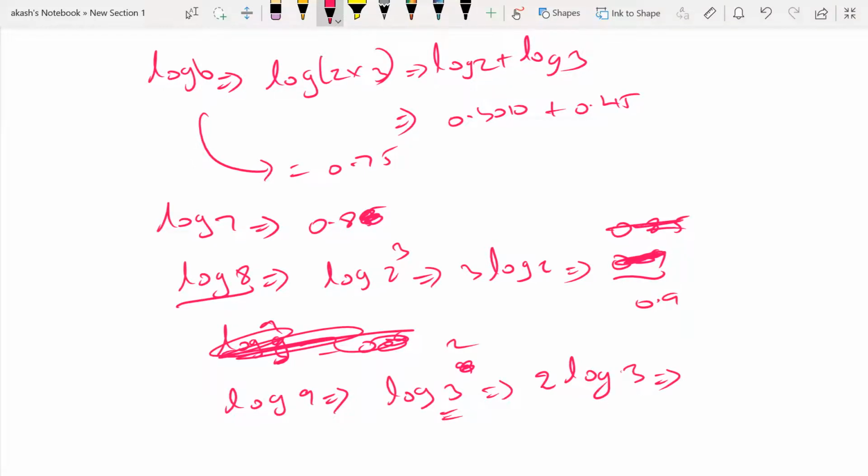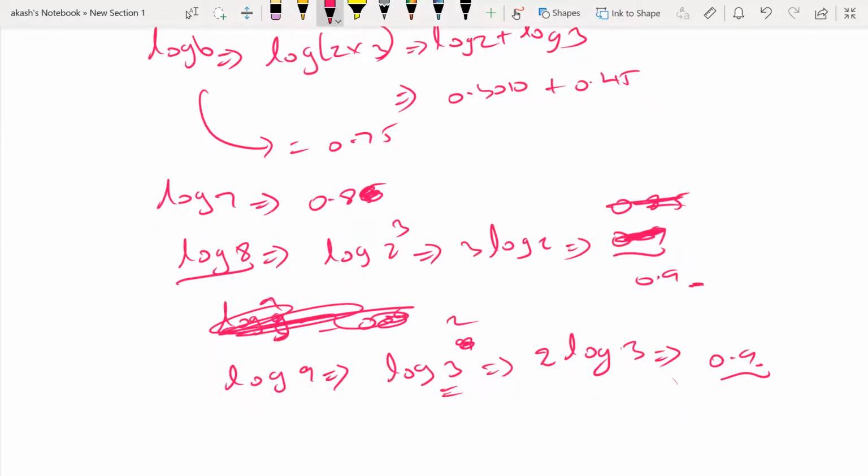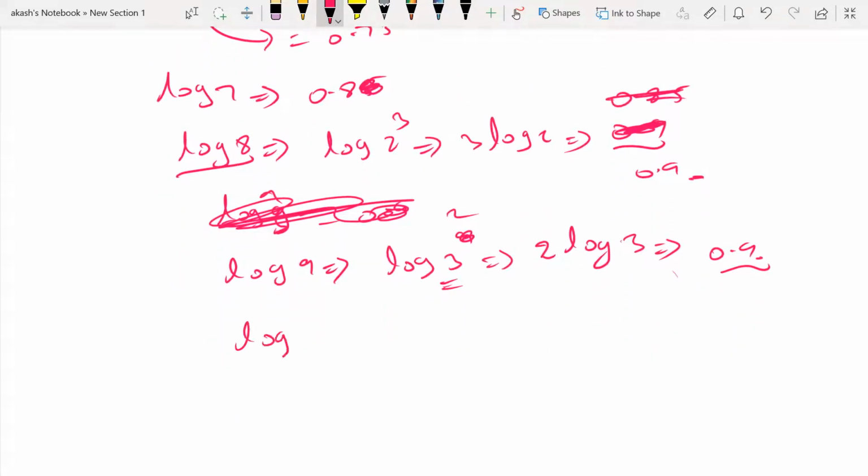It is approximately again going to be 0.9 only. You can understand there'll be some differences here in the second decimals. So log 8, log 9, approximately you can have 0.9, 0.9 only. Don't worry about the other decimals. These are just for rough calculations. And log 10 value will be 1. Log 10 value is 1.